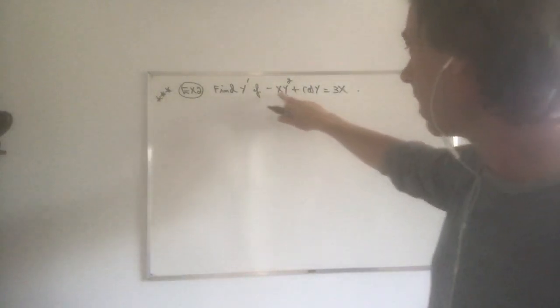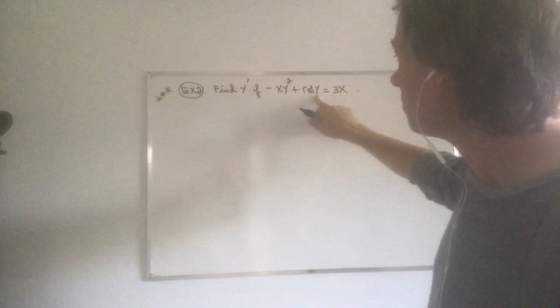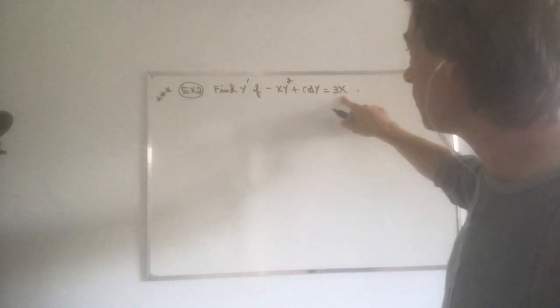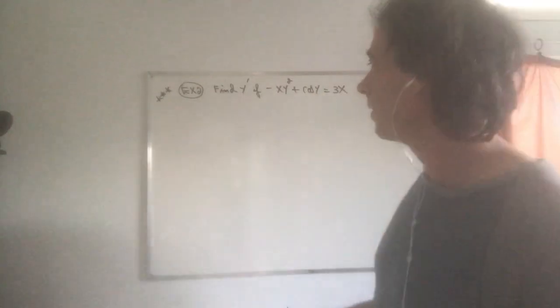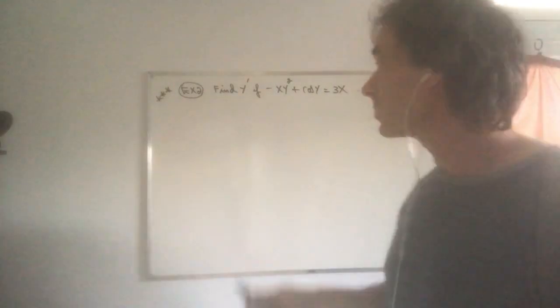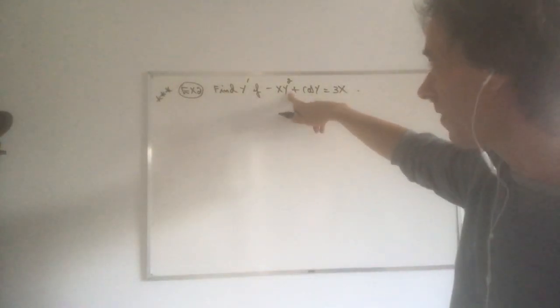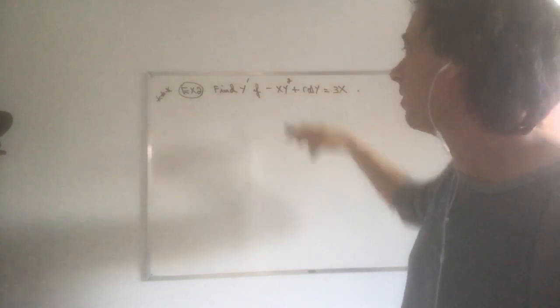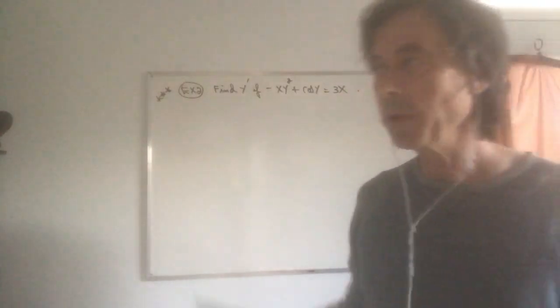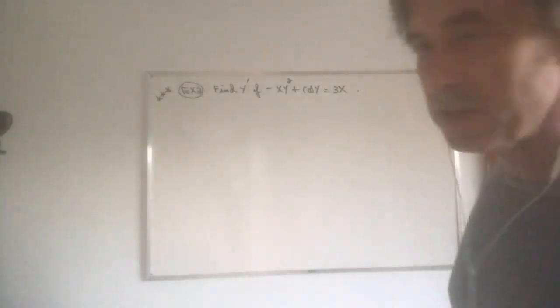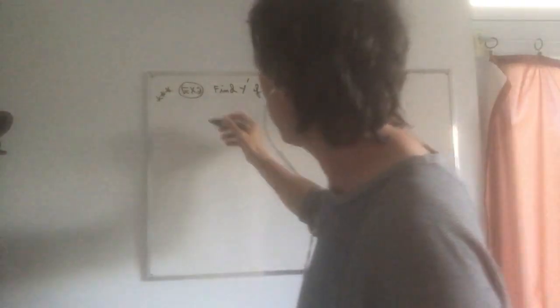Once again, I have x's and y's that are tangled up in the same equation. Because we have a y in a cosine, I can already say that it's not going to be easy to isolate the y, especially if I have a y squared term before it. So I'm not even going to try to isolate the y. I'm just going to go straight into my three-step technique to find y prime.